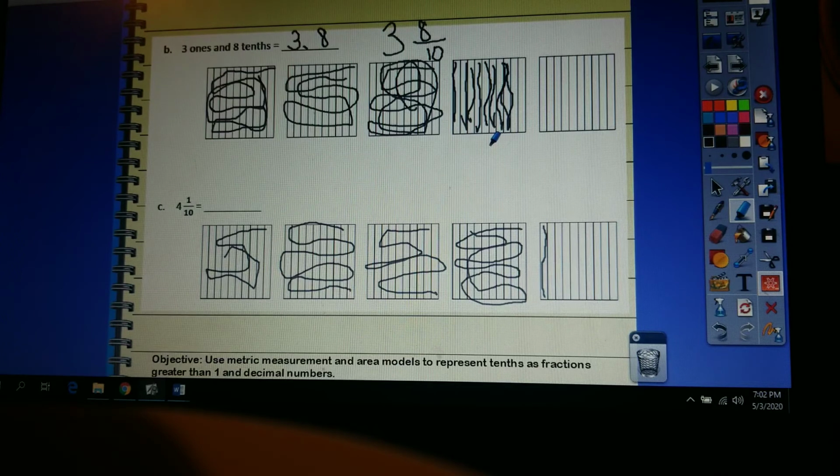That looks not so bad. Not going to say good. Let's just say not so bad. Okay, so we have 1, 2, 3, 4, and 1/10. That's 4.1. That does not really look like a 4. It kind of looks like a Y. I know. Don't be so judgmental. It's hard.